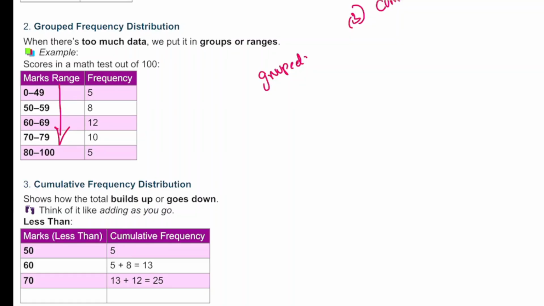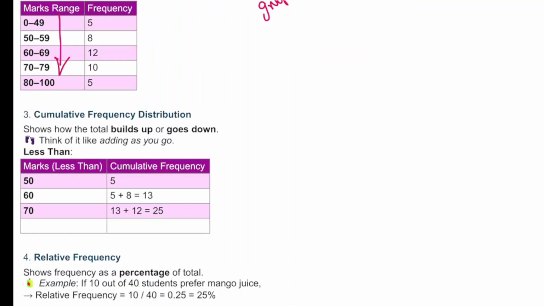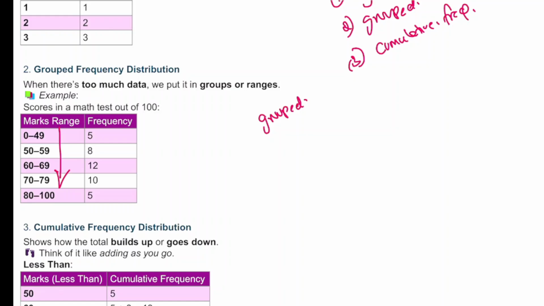Mostly it is used by OGIF. You have seen OGIF uses cumulative, histogram uses the normal frequency. And then there is the relative frequency, as a percentage of total. Example, if 10 out of 40 students prefer mango juice, then that is called a relative frequency.